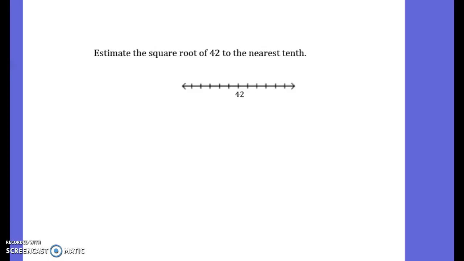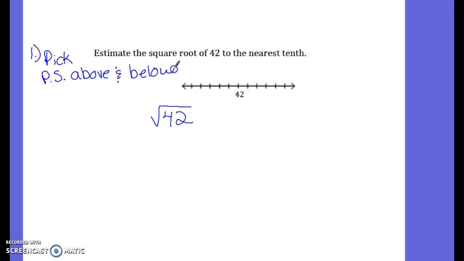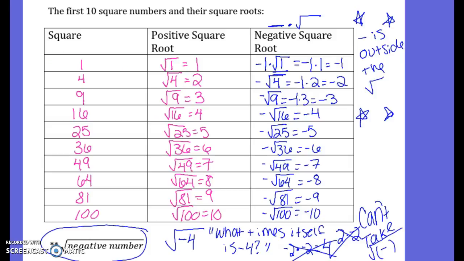I always think this is really fun when we're estimating the square root to the nearest tenth. Notice 42 is not a perfect square. So I do it in a couple of steps. If I'm taking the square root of 42, the first step I do is I pick the perfect square above and below. So I'm going to look back at my chart, and 42 would fall right about here.